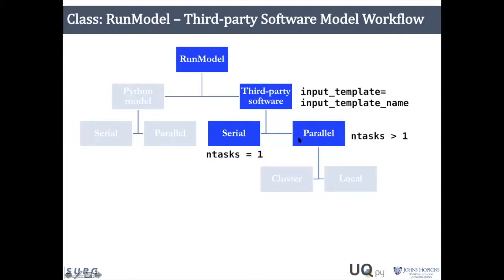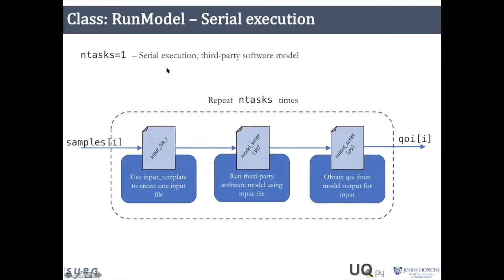RunModel allows parallel execution of these models using GNU parallel. Setting ntask to an integer greater than 1 during the input will trigger the parallel execution. If it is set equal to 1, it will perform a serial execution of the third-party model.